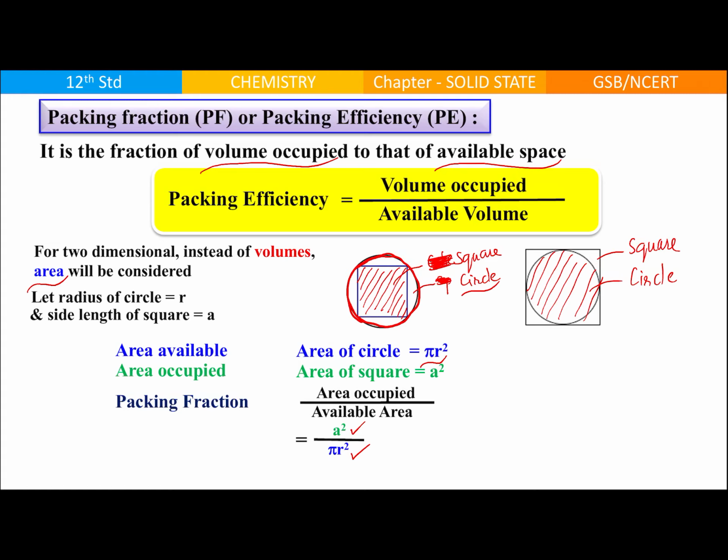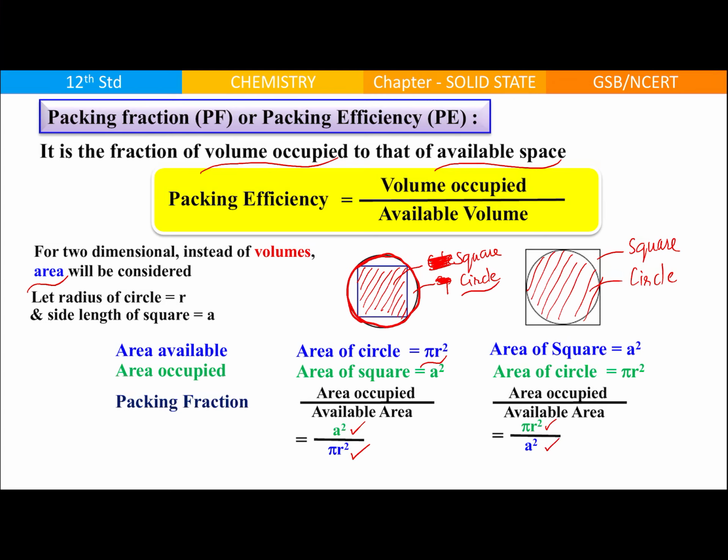I suppose you would have done it. Now we'll check. The area of the square is a square, that is the area available. And the area occupied is the area of the circle, that is pi r square. The formula is area occupied upon area available. Area occupied is pi r square, area available is the area of the square, that is a square. So the answer is pi r square by a square.